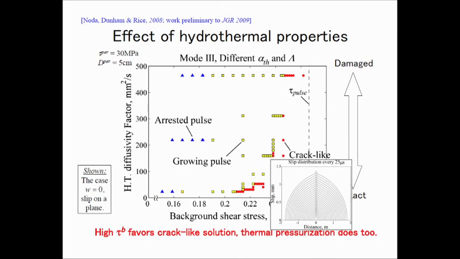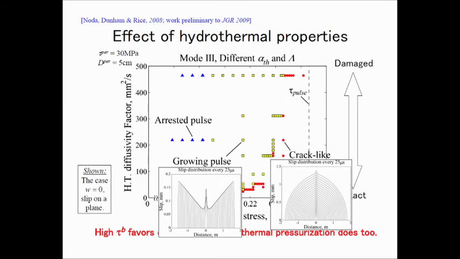If you go slightly lower in stress, you get into the range of those yellow squares, which are pulse-like ruptures. So these are so-called self-healing pulses. As the rupture propagates, the slip just locks into place, and then slip no longer continues. It stays slipped but locked. So that's a pulse mode.